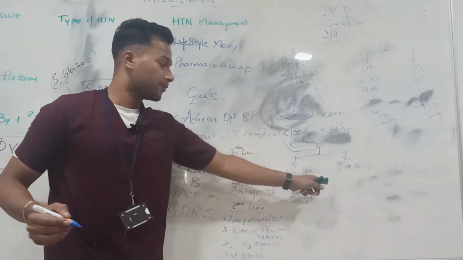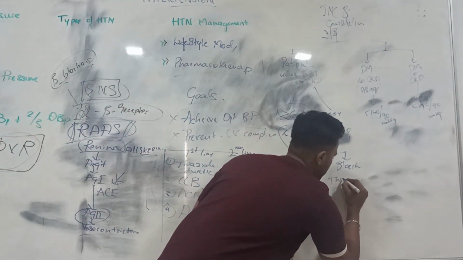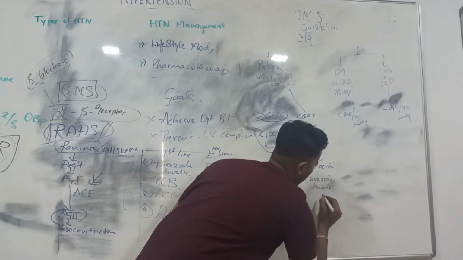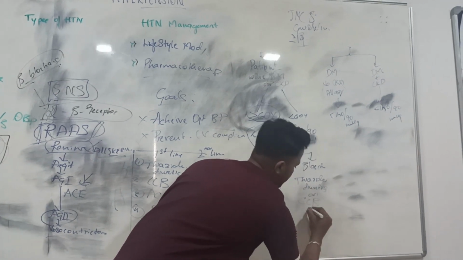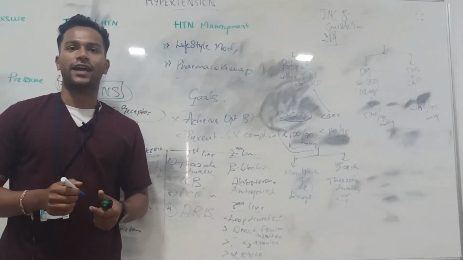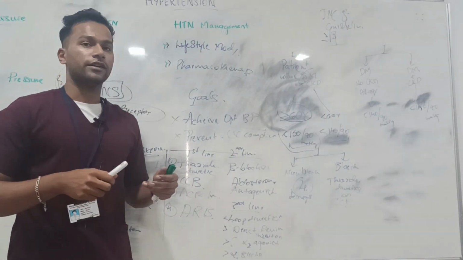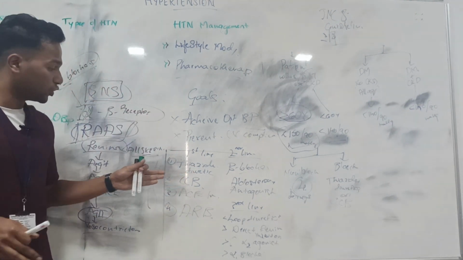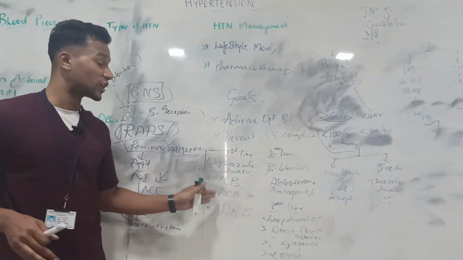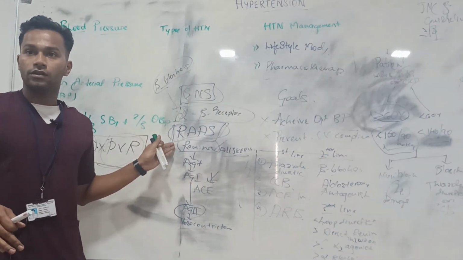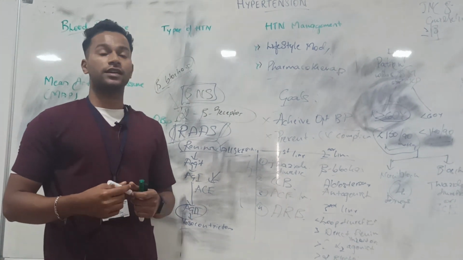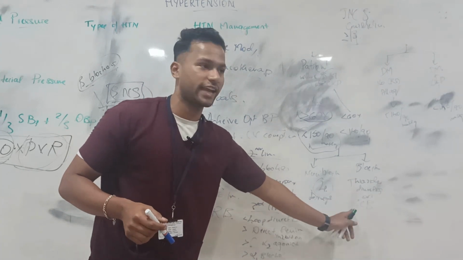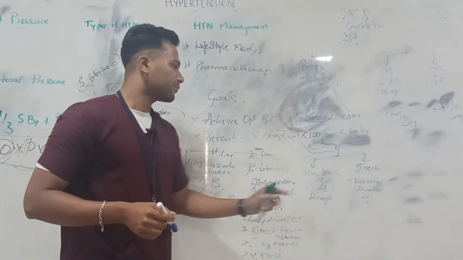In case of black patients, you can choose thiazide diuretics or CCBs. The reason is, in the black race, the renin activity is below normal. So even though you give ACE inhibitors and ARBs which act on the RAS system, it's not so effective in that patient. That is the reason why we don't use ACE inhibitors and ARBs in black patients. This is one thing which you want to remember.